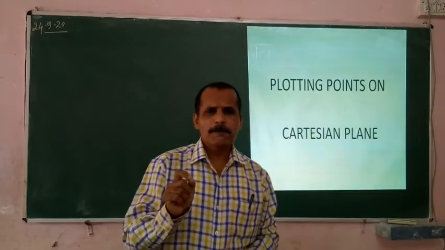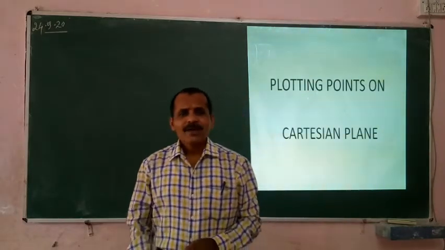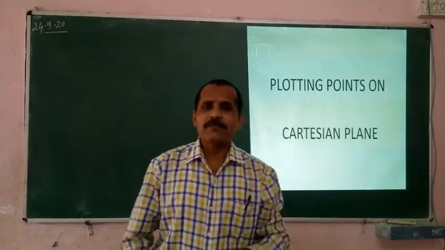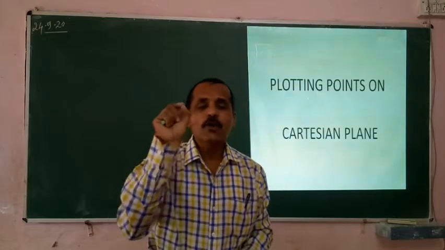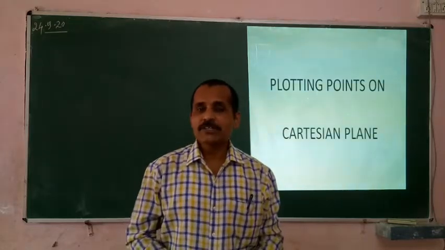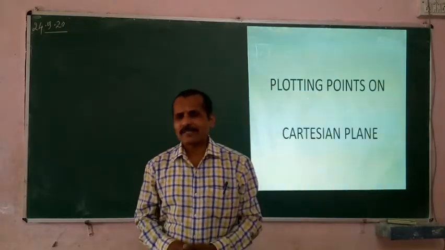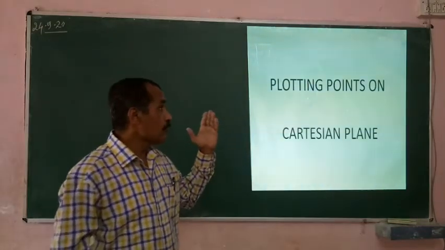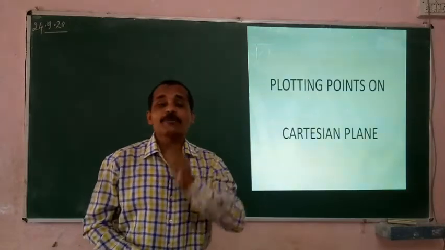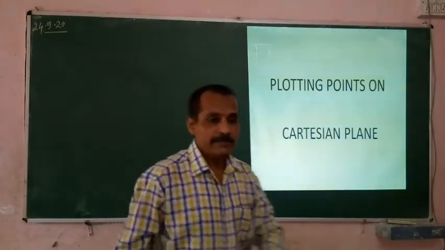All those things we have discussed. And whenever a coordinate is marked in a Cartesian plane, how to read its coordinates, that also we have seen. We will have some more practice over this, how to plot or locate points on a Cartesian plane. Okay.